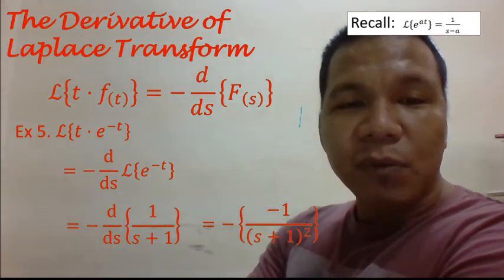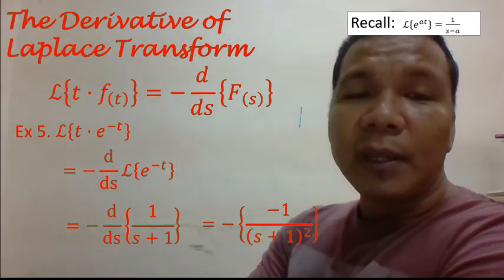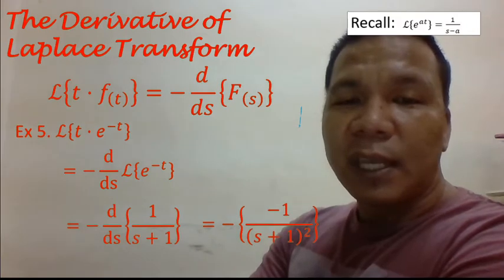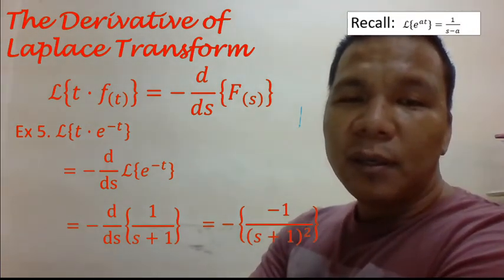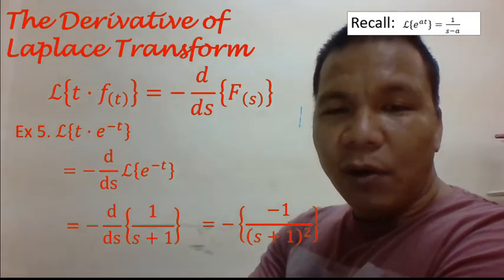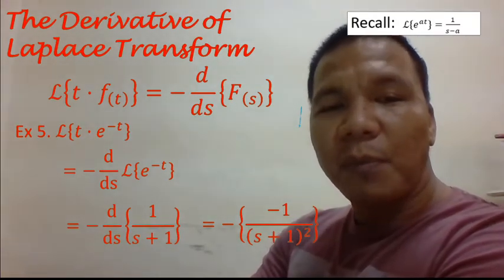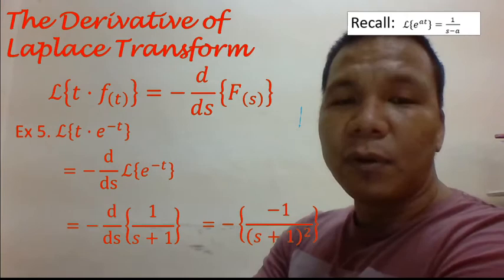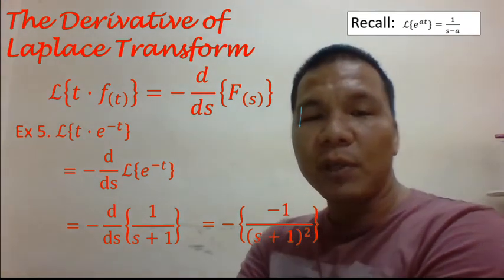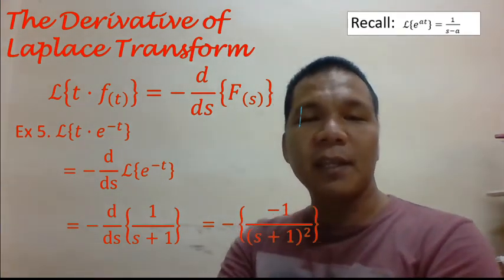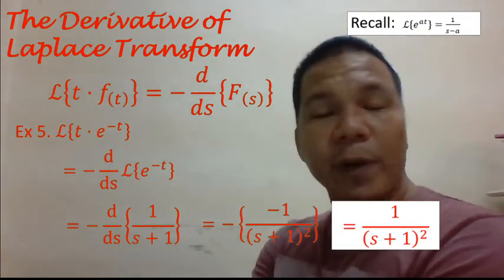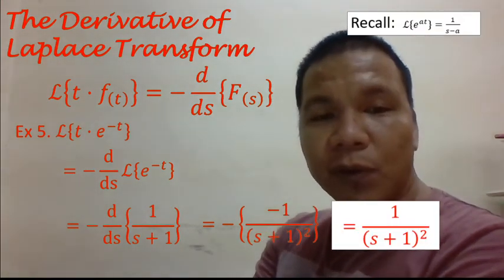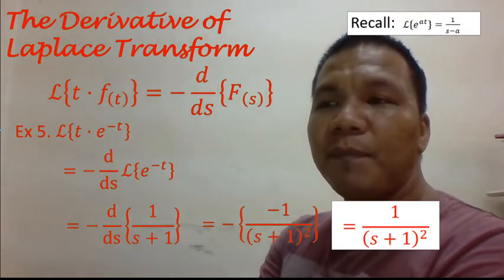The s plus 1 here is u. And then the derivative of your u is du, that is 1, no? All over the square of u. But you are going to multiply that by negative. So this time, if you multiply negative 1 and negative, the result would be 1 over s plus 1 squared.